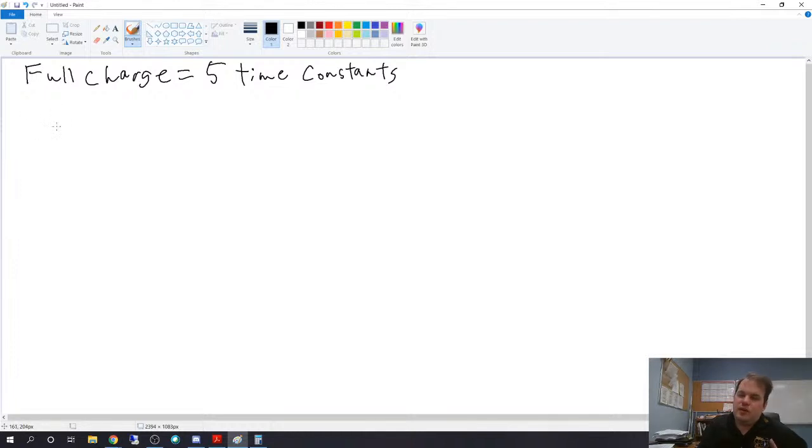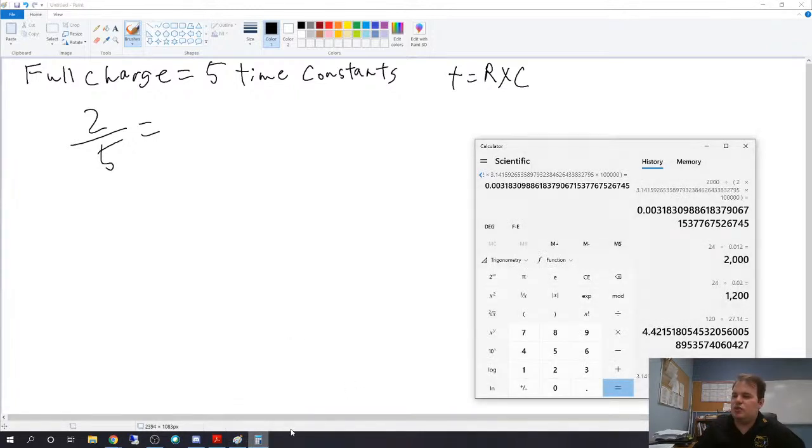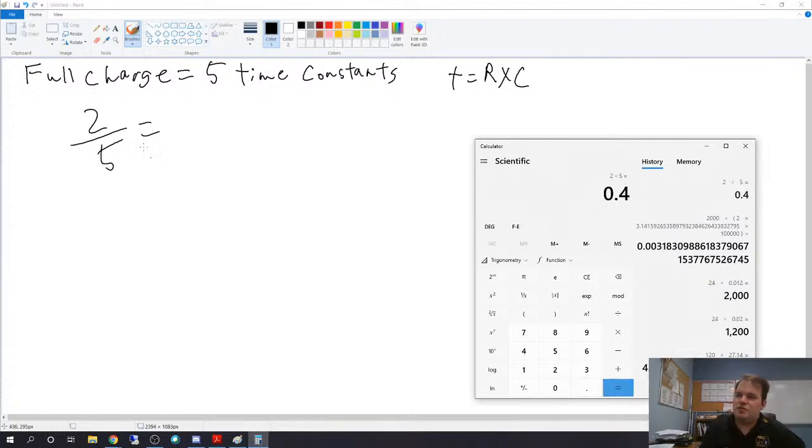So, in our formula, T equals R times C is 1 time constant. So we need to go 2 divided by 5. I don't know what 2 divided by 5 is. I'm drawing a complete blank. Divided by 5 is 0.4, just like I said.